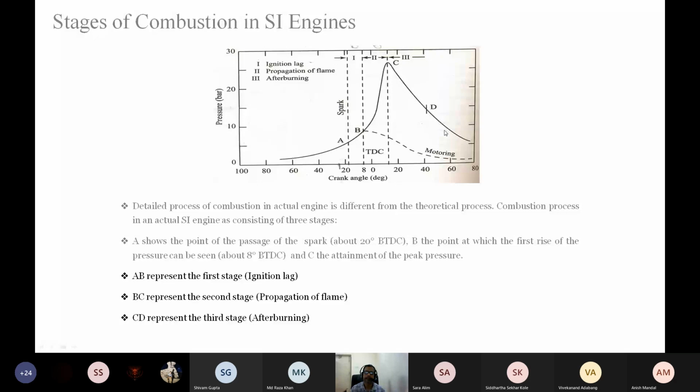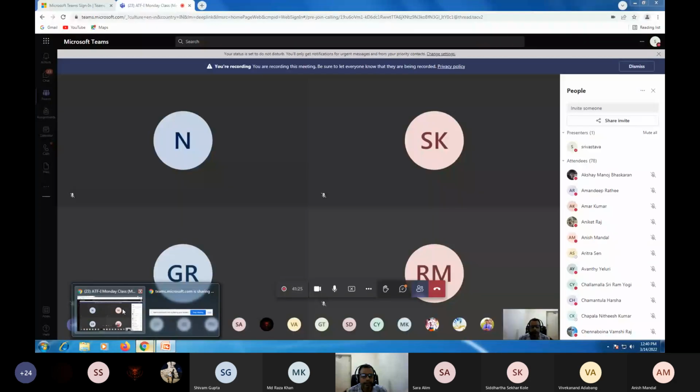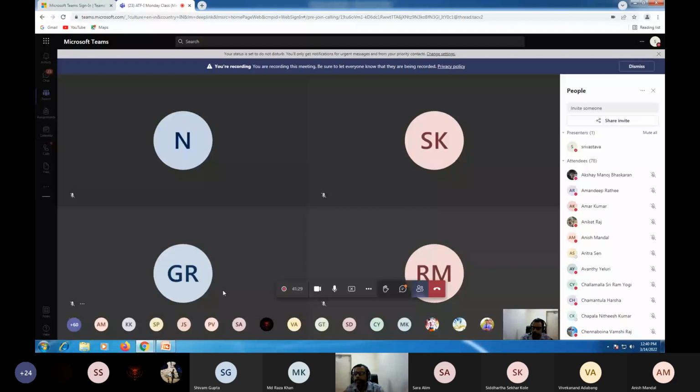Do you have any question here? Any question regarding the combustion in SI engine?